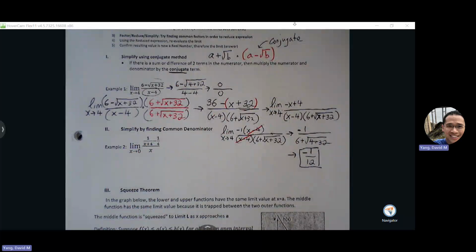Let me just highlight the steps, and then we'll practice more with this on the next page. I just want to briefly review, and then there's one more type of method that involves complex fractions that we can go over next.